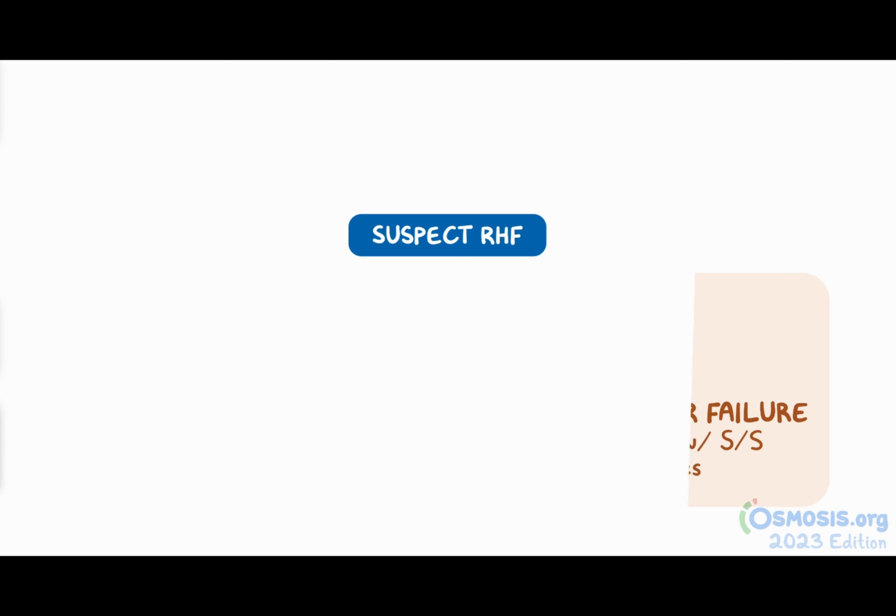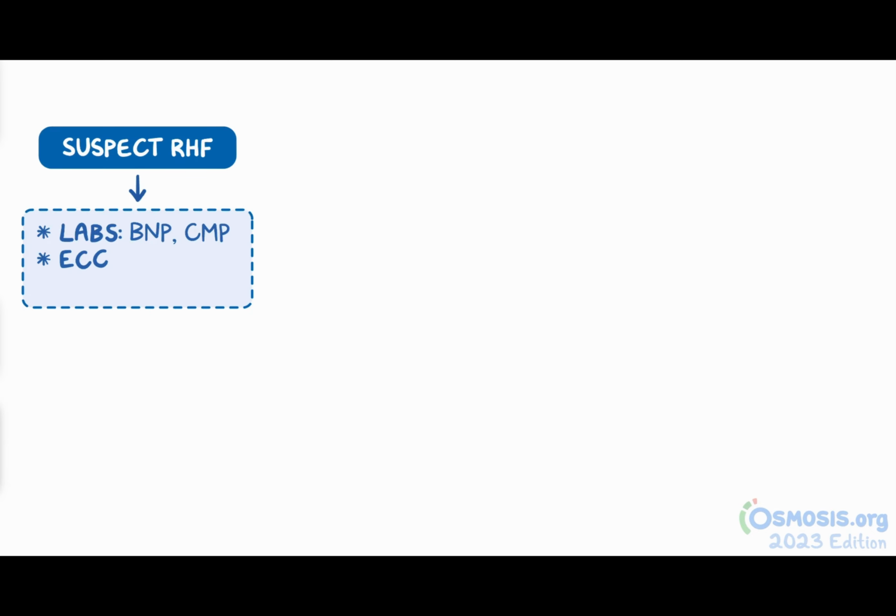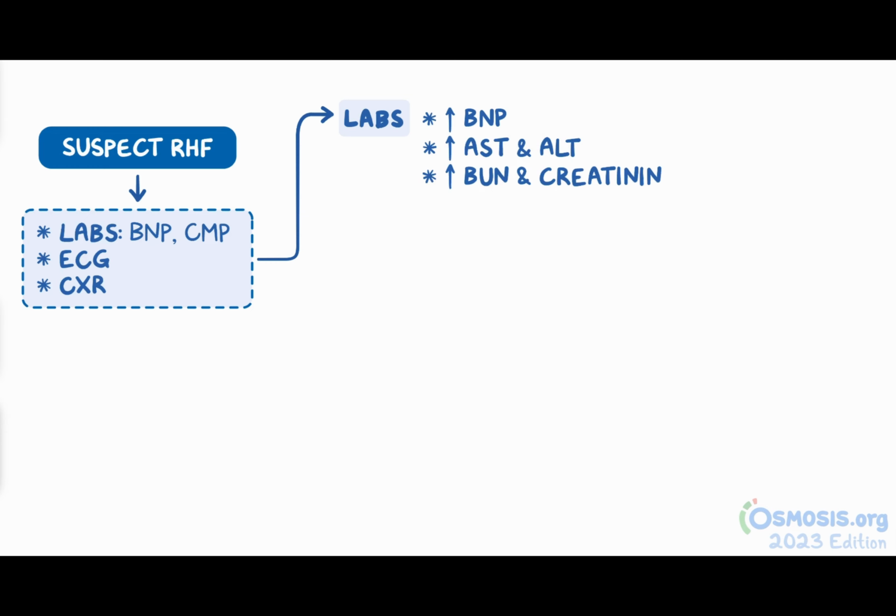All right, once you suspect RHF, proceed with labs, including BNP and CMP, ECG, and chest X-ray. Once again, the BNP will likely be elevated. However, unlike LHF, the CMP will commonly reveal elevated AST and ALT and increased BUN and creatinine.